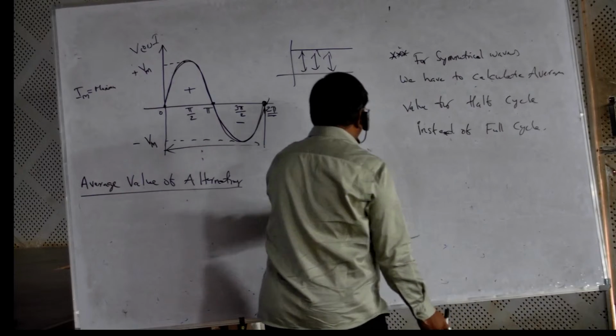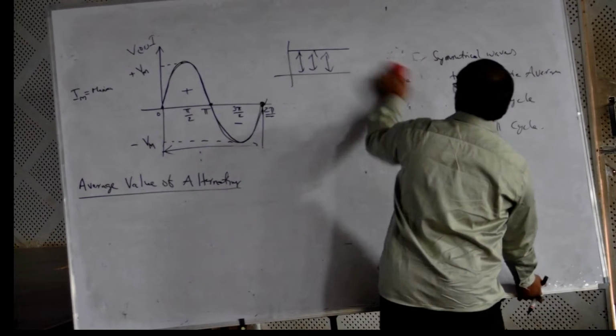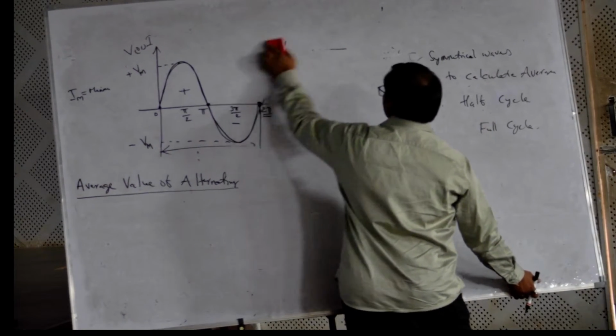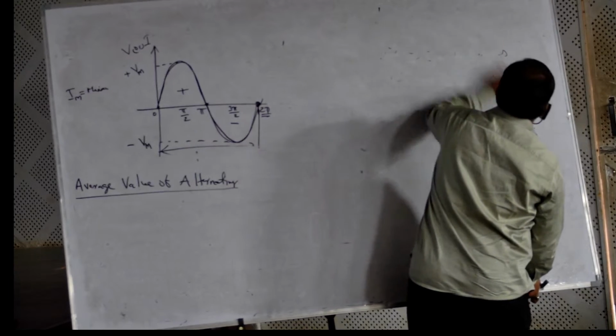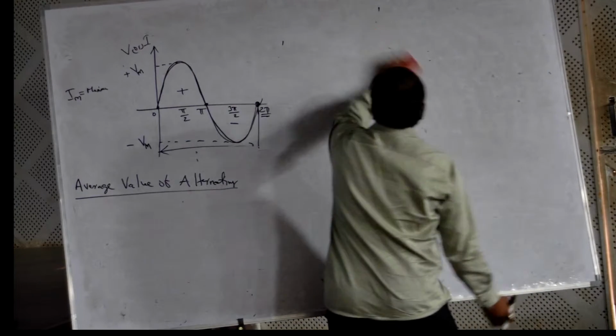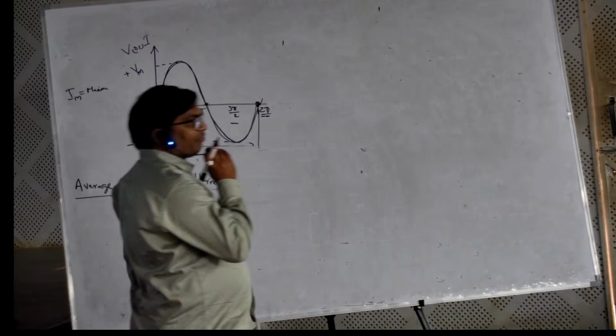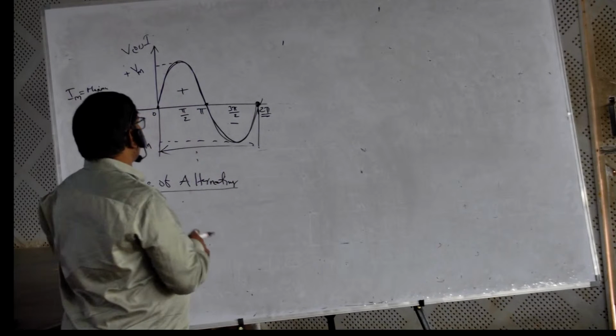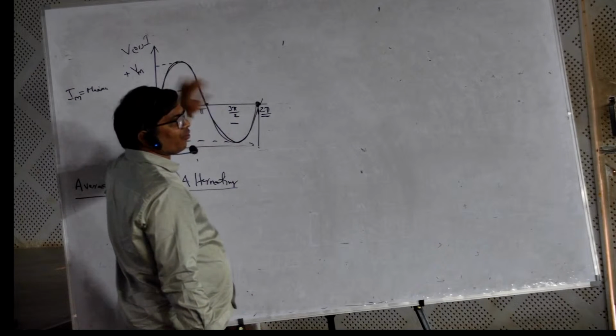Now we are finding the average value of the sine wave. Generally, how can we calculate the area of the wave?